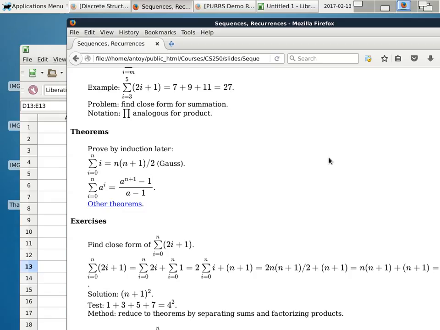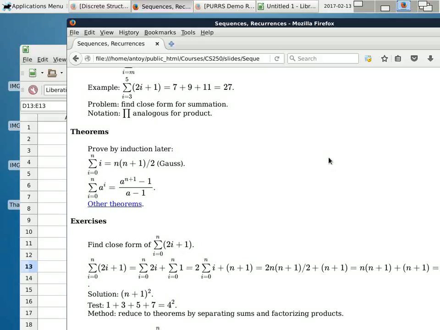So I want to do another example, one more, but more concrete, particularly applied to a program. When you have recurrence relations, you have two kinds.